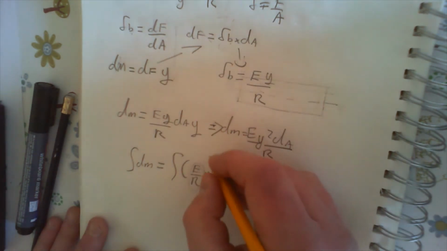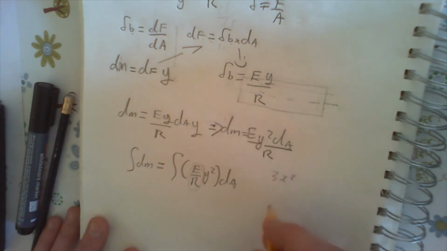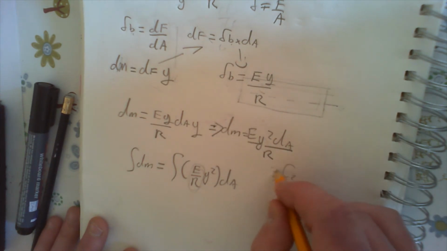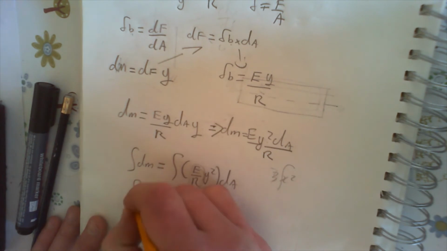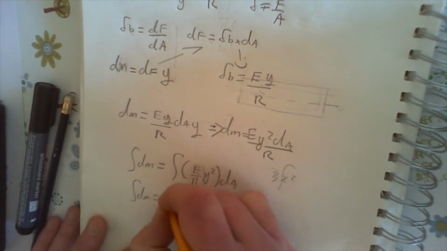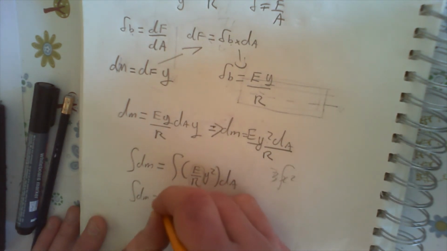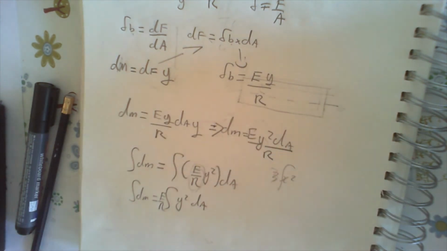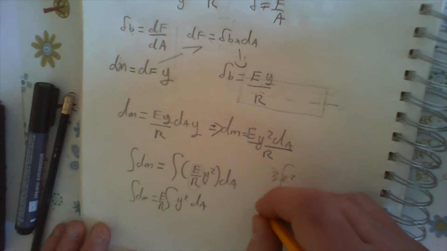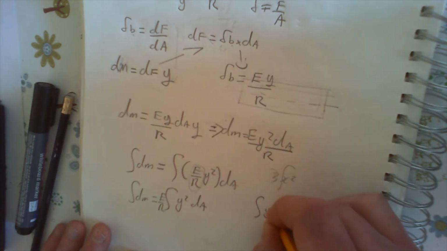It's like if you got 3x squared, you can just integrate the x squared and multiply by 3. So you can take these out: E over r, integral of y squared dA.